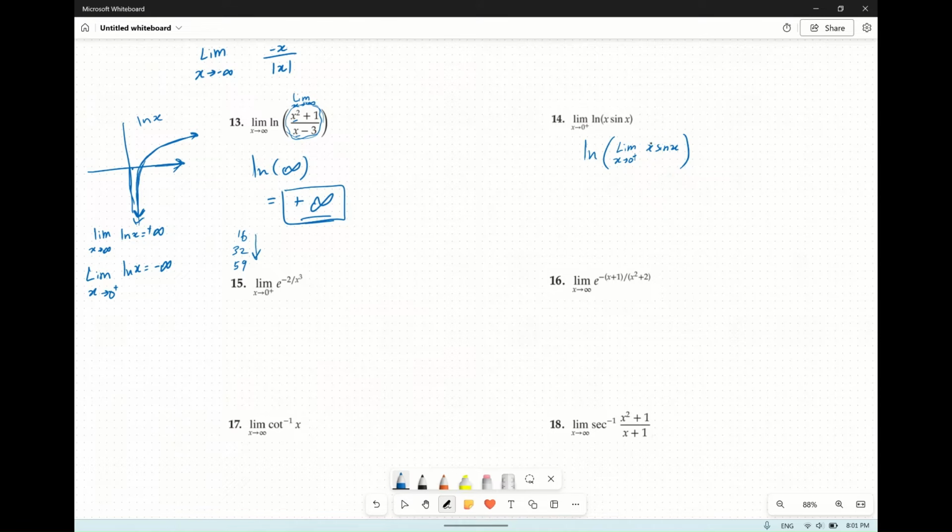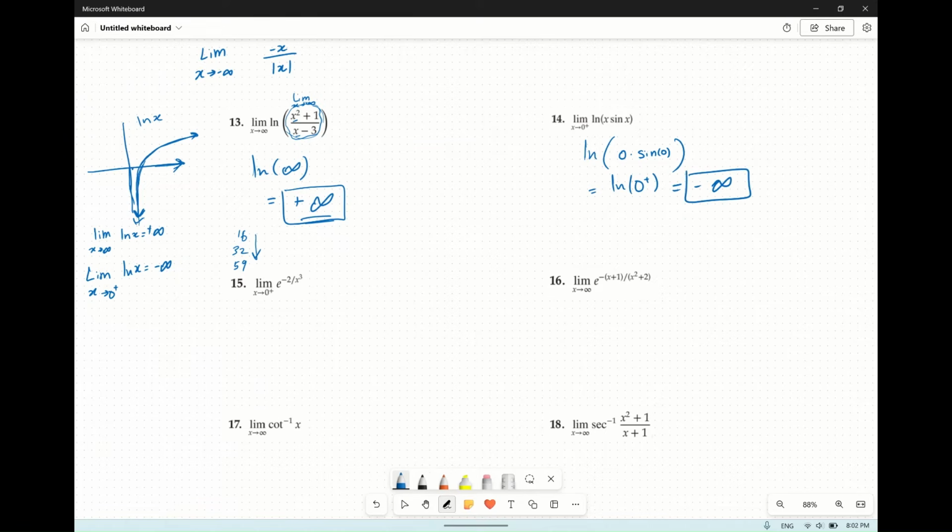You can directly substitute: x is 0, sine 0. Sine 0 is 0, 0 times 0 is 0. So we get what? ln 0. What do we know about ln 0 from the right? Well, we just said ln 0 from the right is going to go to negative infinity.